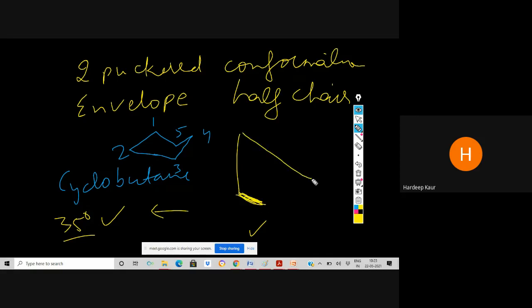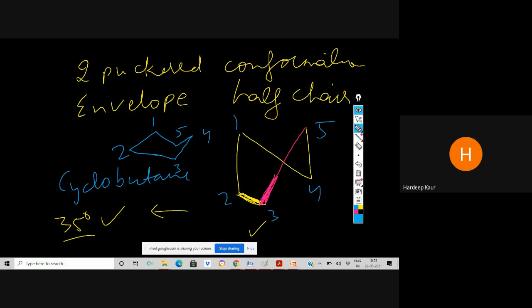Then here we have this, and this is the other bond. So this is the half chair conformation of cyclopentane, right? Let us number this: 1, 2, 3, 4, and 5.